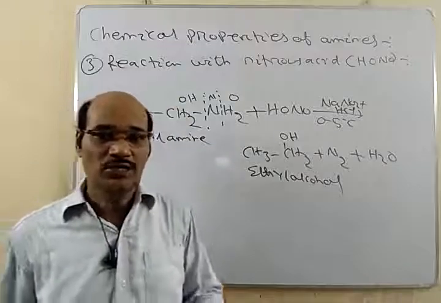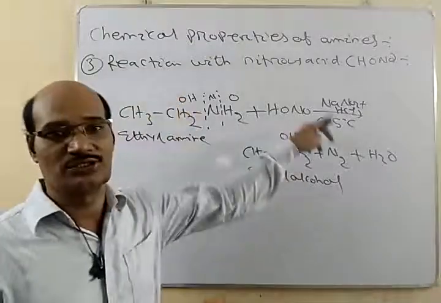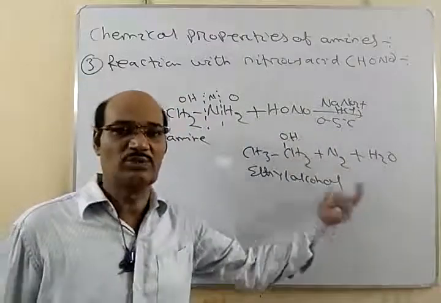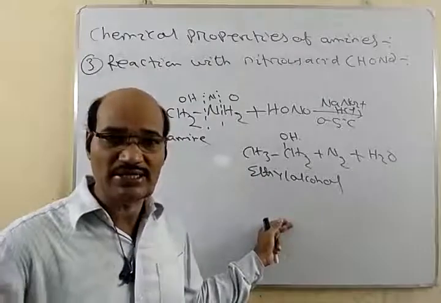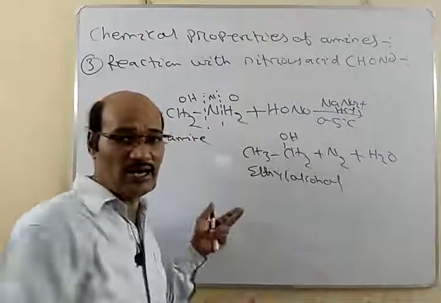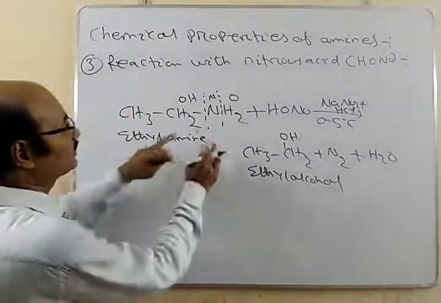Whenever we have to convert an amine into an alcohol, we use this reaction. Then from the alcohol we can go for aldehyde, acid, amide, and many things. And these alcohols can also be converted to haloalkane. So many kinds of conversions we can do once we convert amine into alcohol.